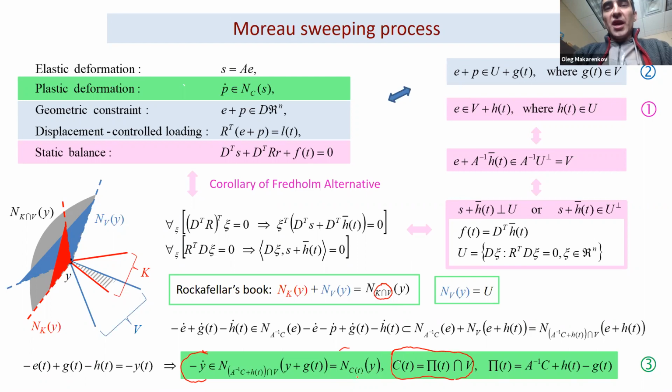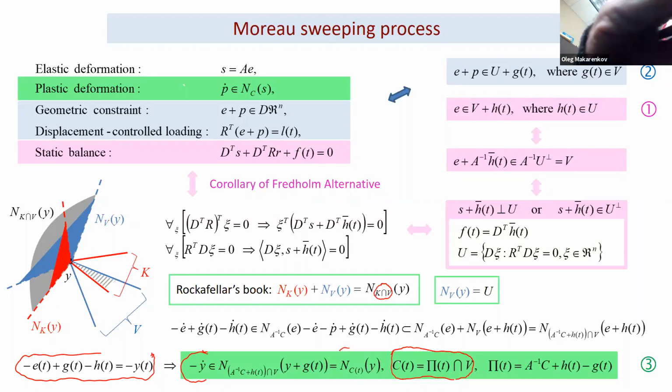So the set in our sweeping process will be some intersection. You see that I changed the variable, it's y, but it's just for convenience. It's not really essential. This is what Moreau did for convenience.